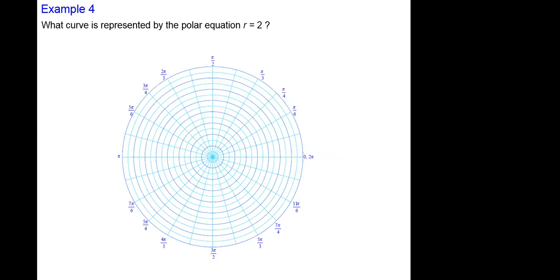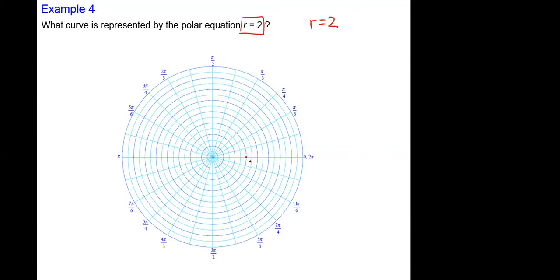Okay, let's start with some basic or maybe simple equations. For example, this one, r equals 2. What do you think? What shape will give me this equation? It doesn't really matter what the angle is. The radius, the distance from the pole, must always be 2. We can start plotting.